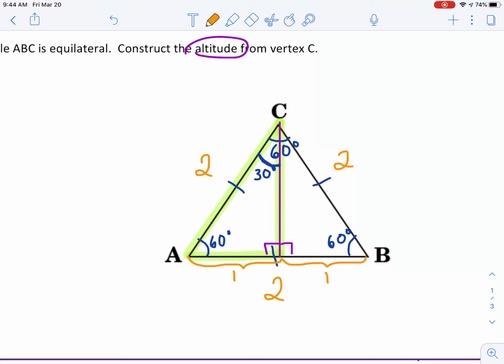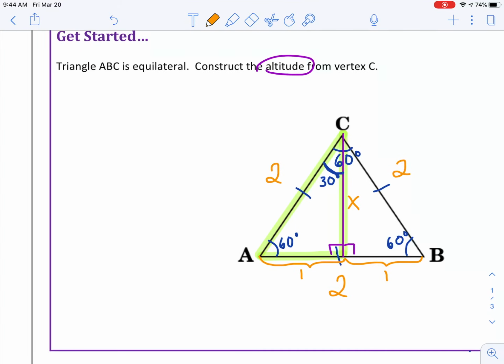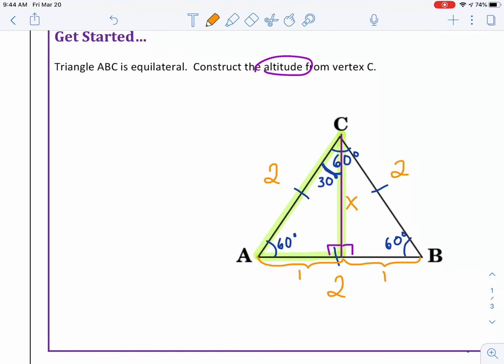And what I'm going to ask you is, how would I find the height of the altitude? Hopefully you're realizing it is a right triangle, and when we have right triangles, we can always do Pythagorean theorem. If you set up your Pythagorean theorem, you should have 2 squared, because that's the hypotenuse, equals 1 squared plus x squared.